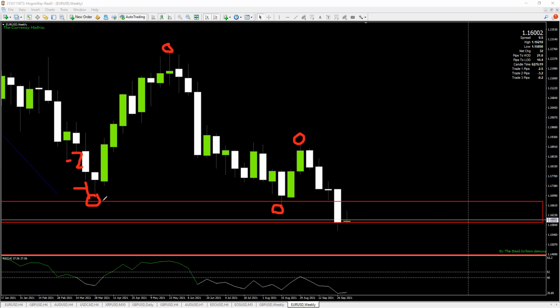When it comes to the lows, you need 2 higher lows on the left and 2 higher lows on the right. When it comes to highs, you need 2 lower highs on the left and 2 lower highs on the right. Same here. And they have to be consecutive.